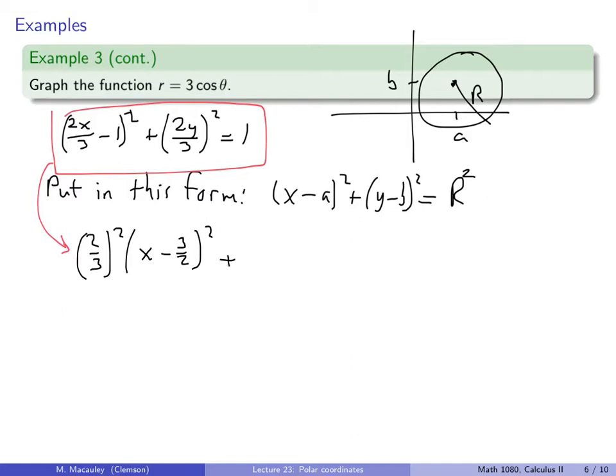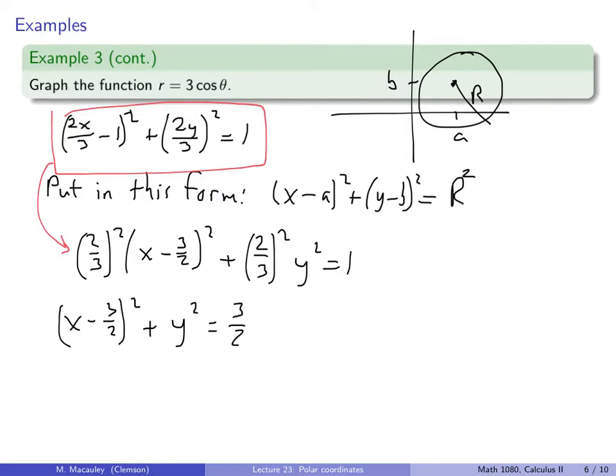And then let me factor out a 2/3 again. So (2/3) squared y squared equals 1. Now we can just divide by (2/3) squared and we get that x minus 3/2 squared plus y minus 0 squared equals (3/2) squared.